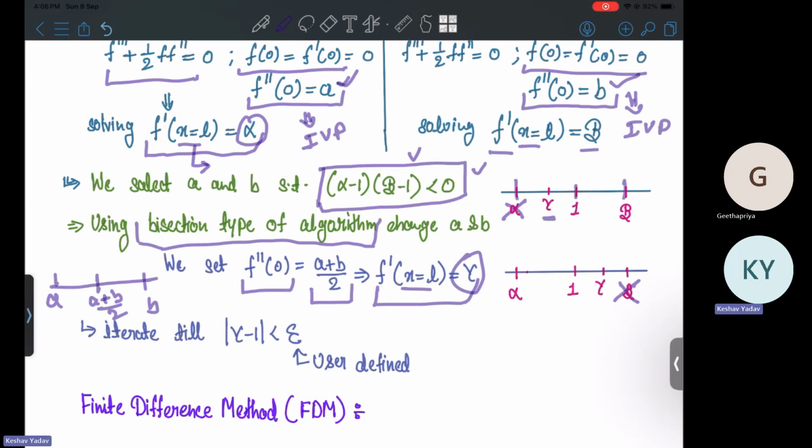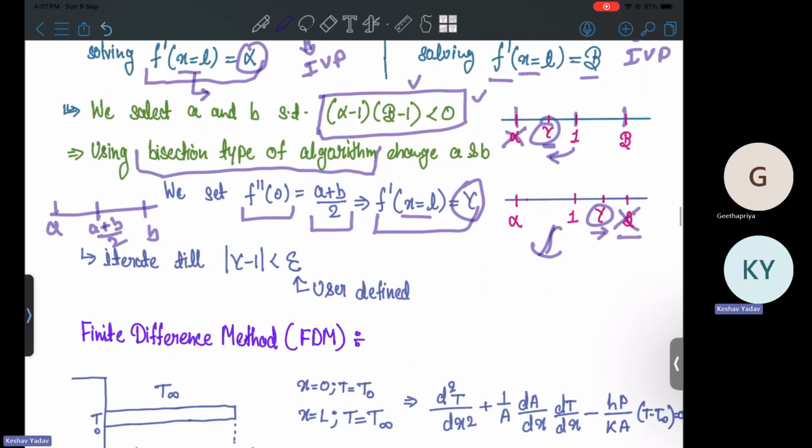If this gamma comes left side of 1, and it will obviously come right side of alpha, then I will replace alpha by gamma. And if it comes right side of 1, I will replace beta with gamma.